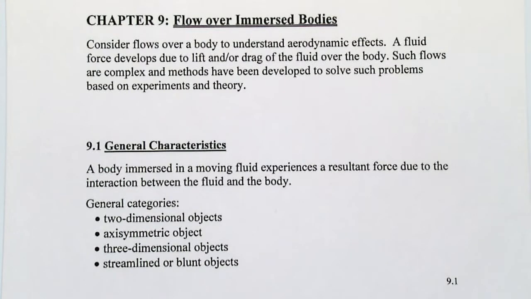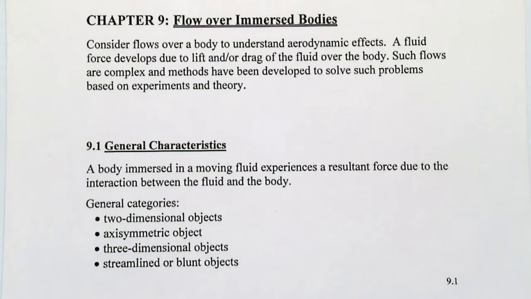So the general characteristic is that it's two-dimensional. The drag and lift are normal to each other, so there are two components of the force, and the summation of those is the total force. If there are two directions, the flow is two-dimensional, and the object should also be two-dimensional, because we have to care about the size in two directions. An axisymmetric object means that it is symmetric about one of the axes.